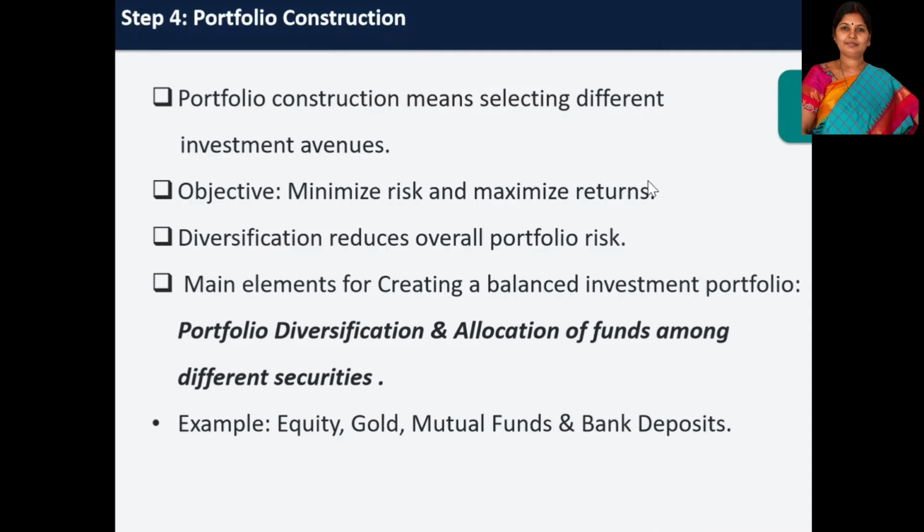What are the main elements that we are going to study in portfolio construction or portfolio diversification and allocation of funds among different securities? So is it clear about portfolio? What is portfolio? It means we are selecting different investment avenues like equity, gold, mutual funds, bank deposits, etc.